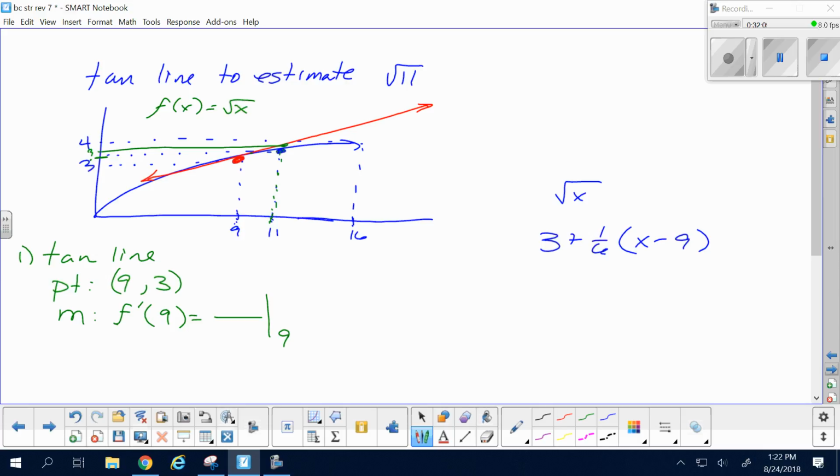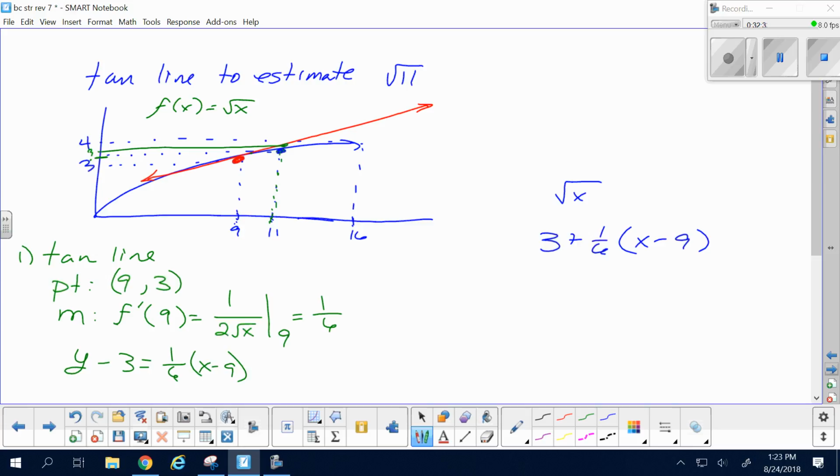Find the general derivative of any x, then find it at 9. Show those separately. So, what is the derivative of square root of x? 1 over 2 square roots of x, evaluated at an x of 9 is 1/6. Therefore, my tangent line in point slope form anyway is y minus 3 equals 1/6 times (x minus 9).